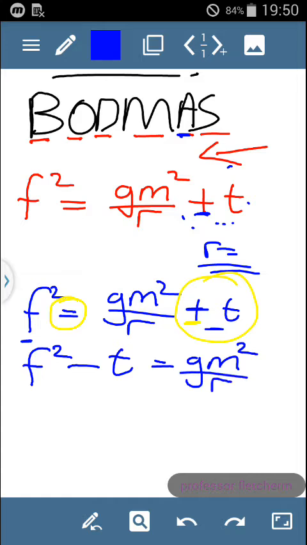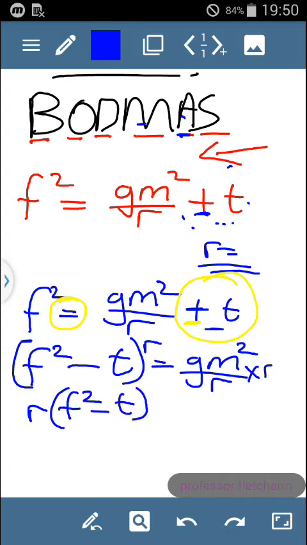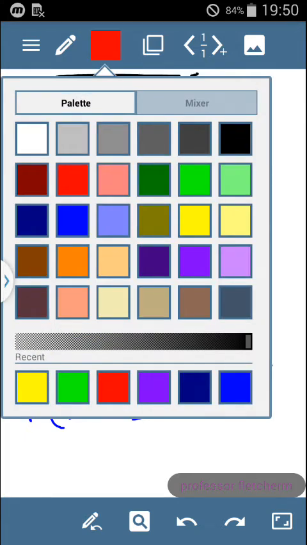Remember, we want to make r the subject of formula. Again, from this, what can we do here? We can see there is no subtraction, no addition, there is no multiplication, but there is division. We are dividing by r here. So how do we remove that? Multiply both sides by r. Multiply this side also by another r. As a result, we have r bracket f squared minus t bracket is equal to, these will cancel out, so that you can see that.